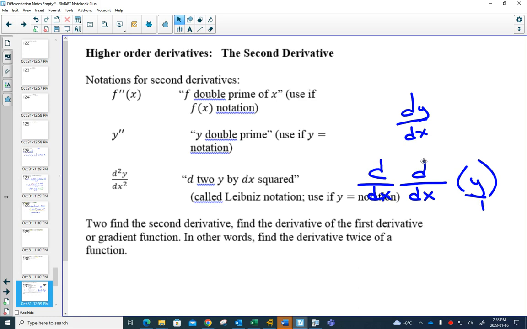And how do you find the second derivative? You find the first derivative, then you find the derivative of the first derivative. That'd be the second derivative. And the third derivative would be finding the derivative again. And so if you know how to find derivatives, you now know how to find second derivatives, third derivatives, 1500ths derivatives. They just take longer.